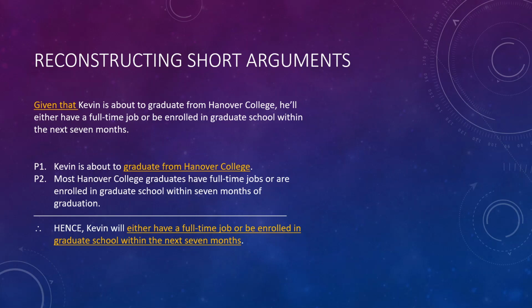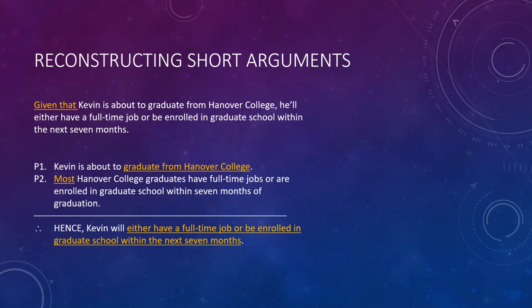You may also notice that we've got this term most, which makes premise 2 a statistical generalization. I'd mentioned earlier that the statistics are actually greater than 95%. I think they might actually be 99% over the past 10 or 15 years. So why use a statistical generalization here?